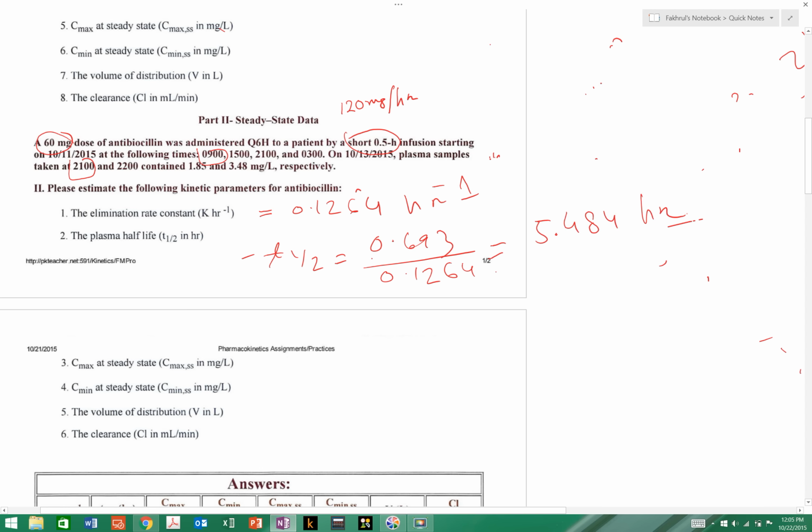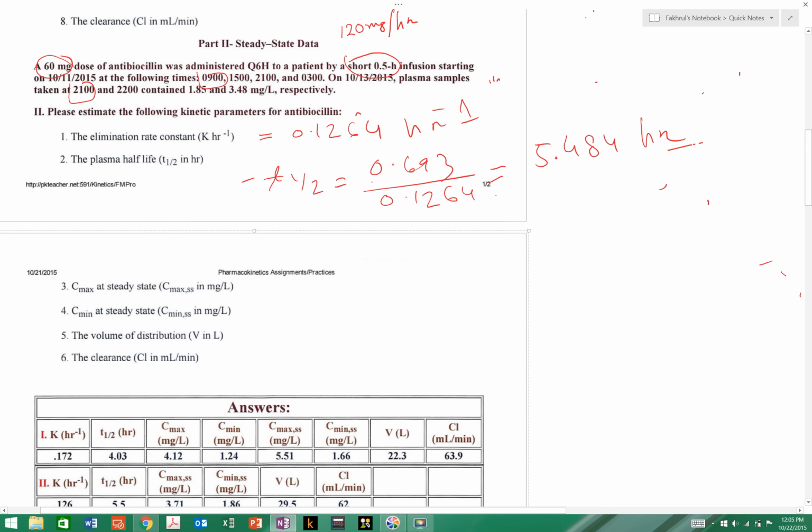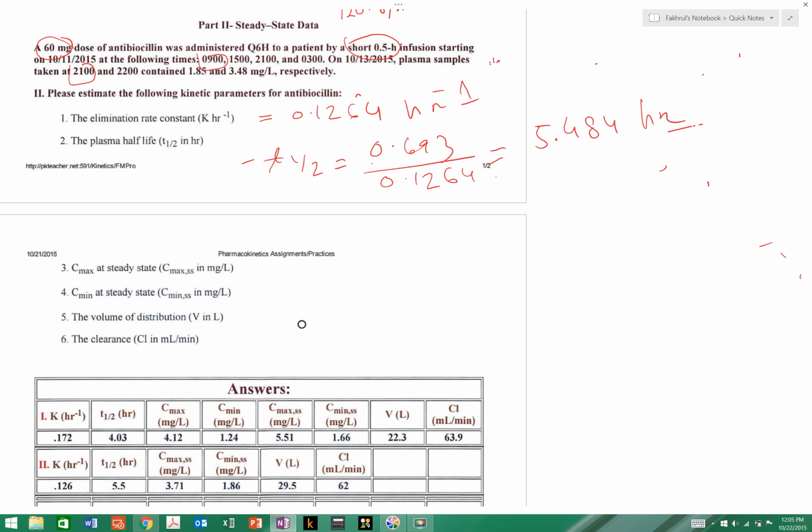And then Cmax at steady state. Again, we have to calculate Cmax at steady state. Here it is easy to calculate.